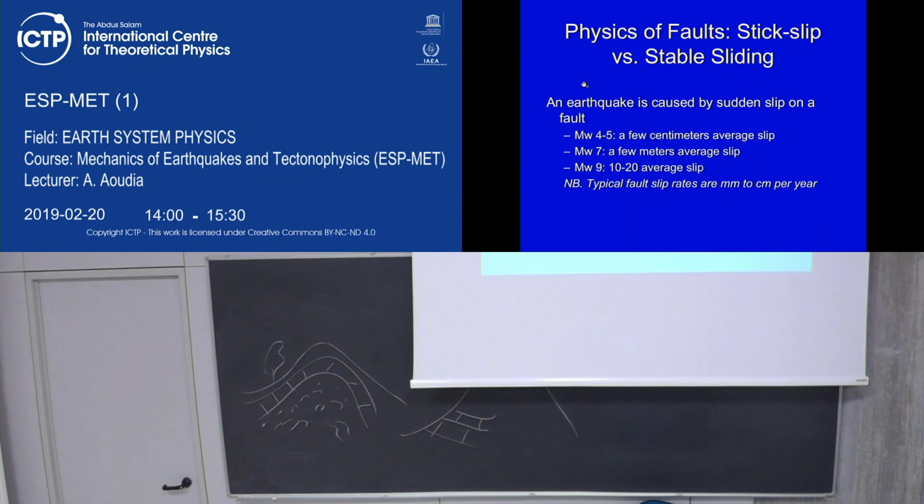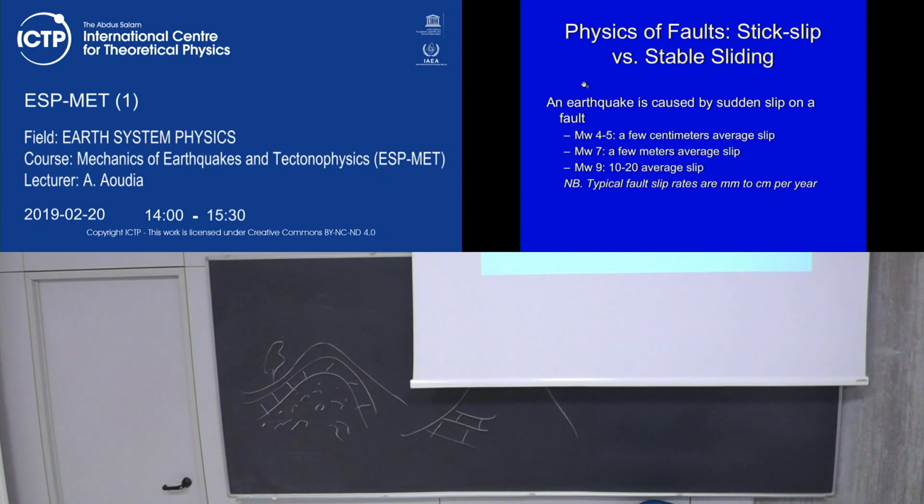Let's look at these very simple quantities that you need to bear in mind. We've been arguing that slip will be our favorite parameter during this course module. We'll not be talking about waveforms, but I will always try to connect to what you've learned in seismology. An earthquake is caused by a sudden slip on a fault. You know what an MW is, a moment magnitude.